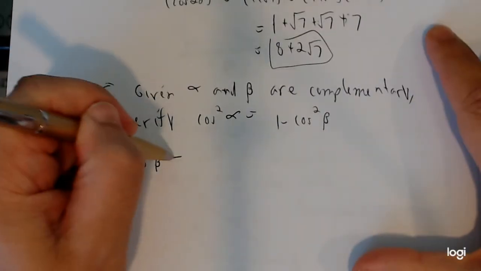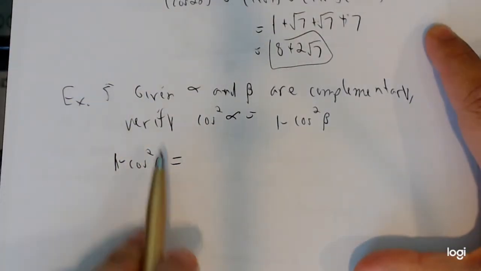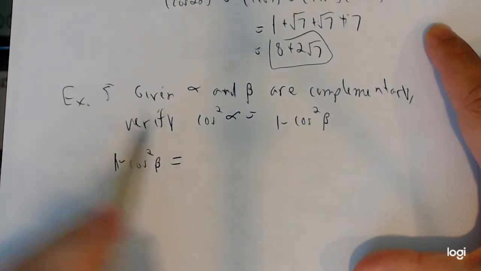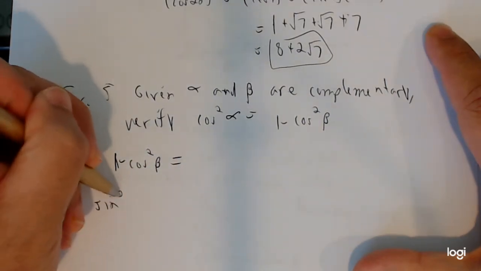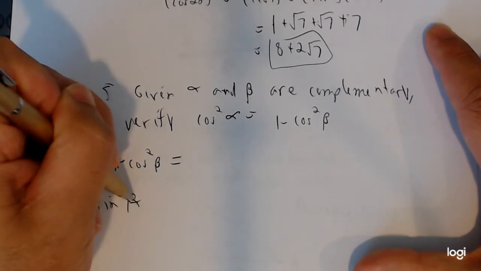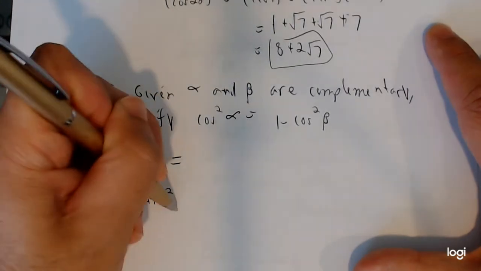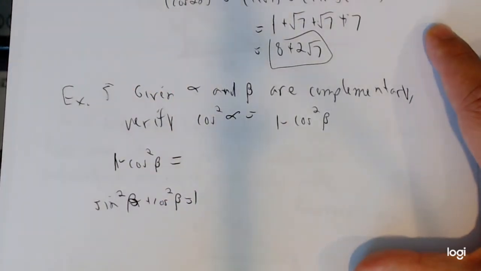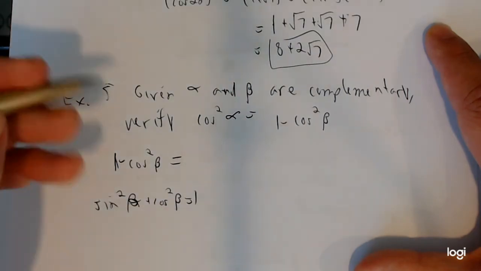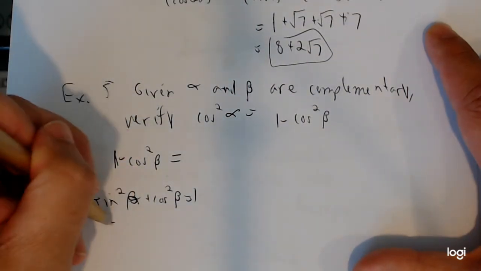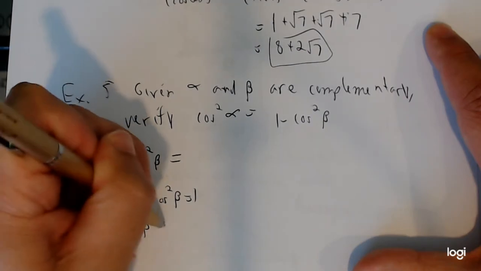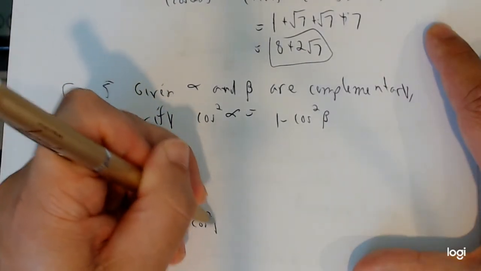But here's what I do know. If you look at this, this is one of our Pythagorean identities. If you remember, we said sine squared beta plus cosine squared beta is equal to 1. So if I subtract cosine squared beta from both sides, what do I get? Sine squared beta is equal to 1 minus cosine squared beta.